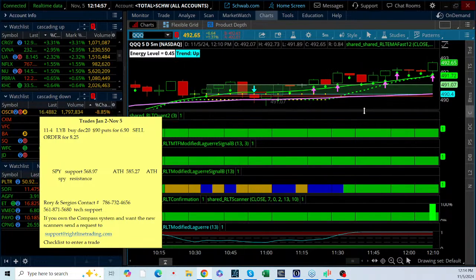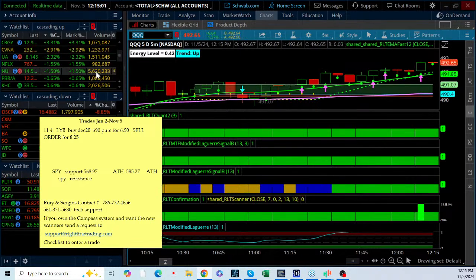A little pop in the Qs and the SPY, not much volume on it though.